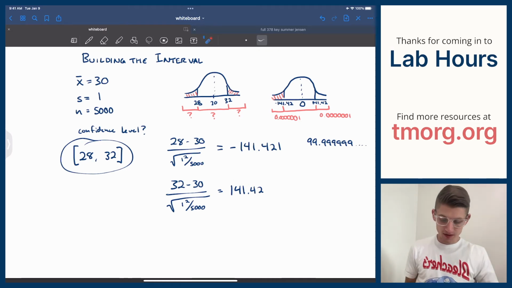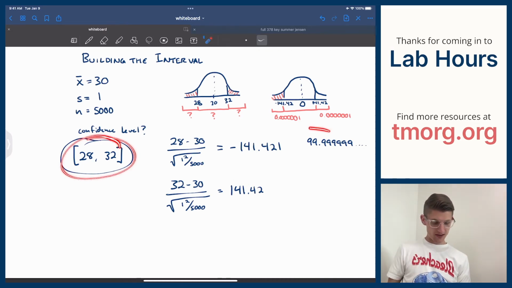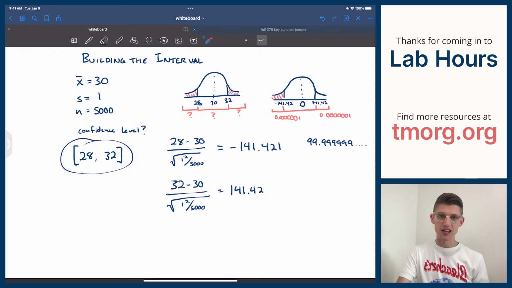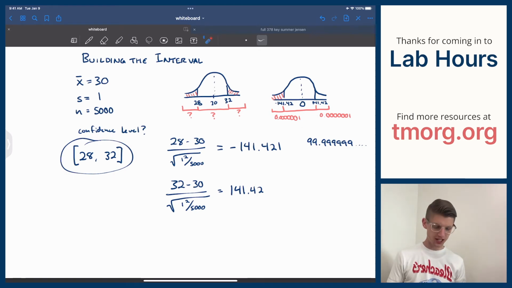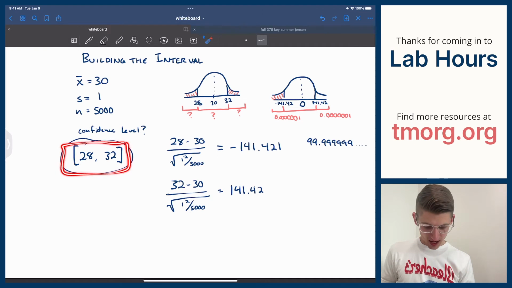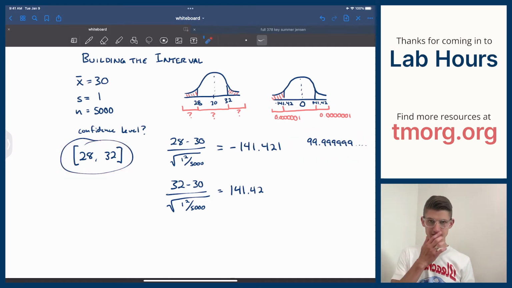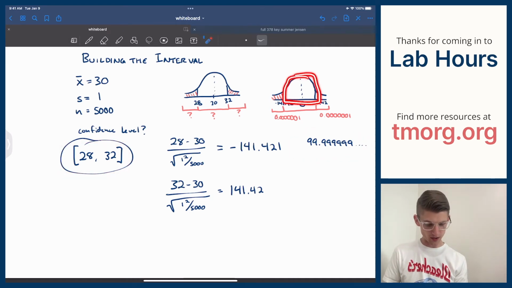So what I might do if they told me this interval, and I figured out that this was the confidence level associated with it, is I would say, okay, can you please go back to the lab and just give me an interval such that it only has a 95% chance of containing that parameter. I want you to trade off having an absurdly high chance of containing the parameter within this region right here. I want you to trade that off with narrowing down the interval for me.